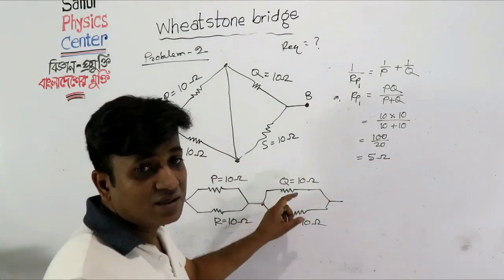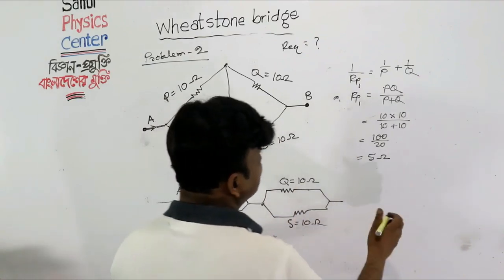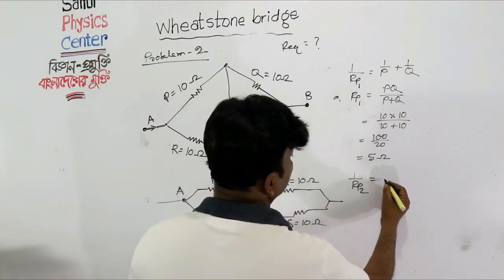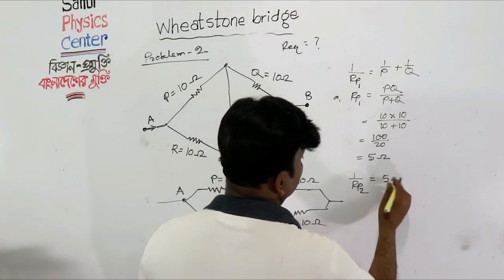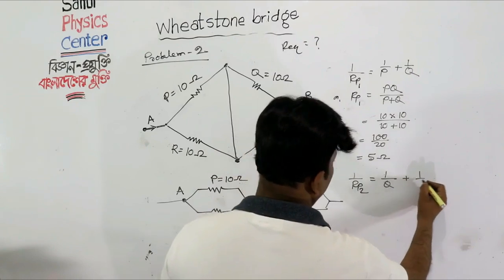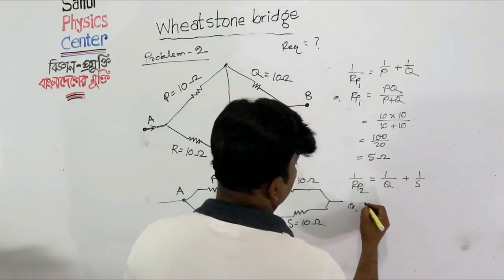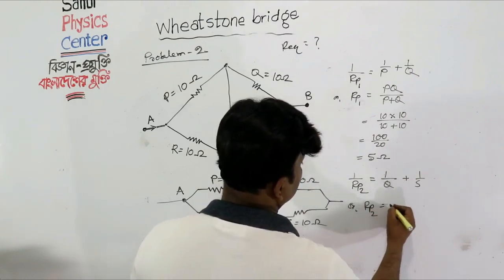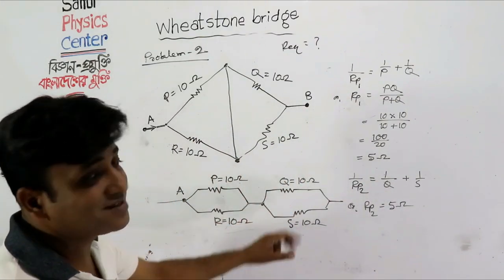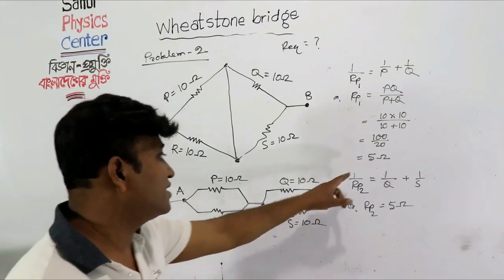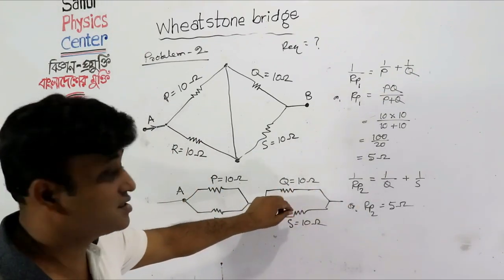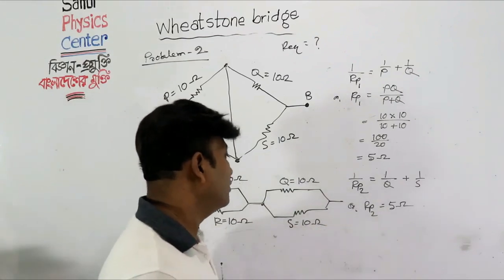Similarly, 1 by Rp2 equals 1 by Q plus 1 by S, or Rp2 equals 5 ohms. Because their values are the same, we can directly write that the equivalent of these two resistances will also be 5 ohms.